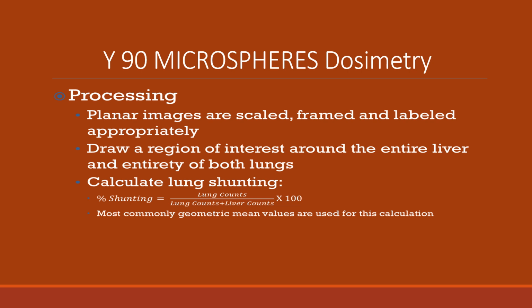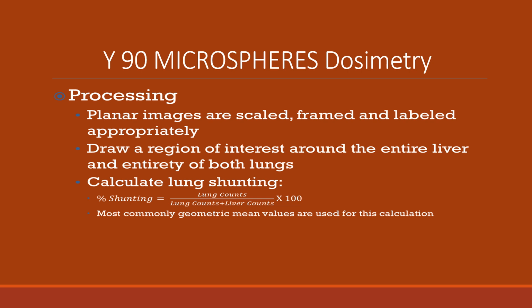So remember, the Y90 microspheres dosimetry is the MAA scan that we're doing. And the dosimetry part of that is just the quantitative analysis and the processing that comes with it. These are processed very similar to a quantitative lung scan.